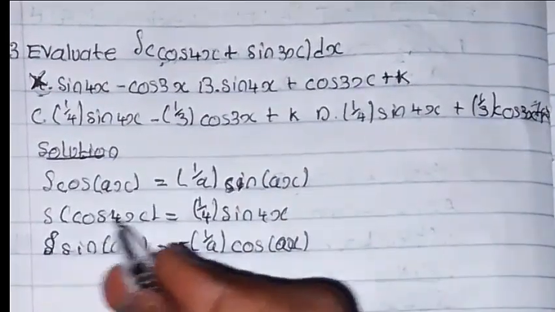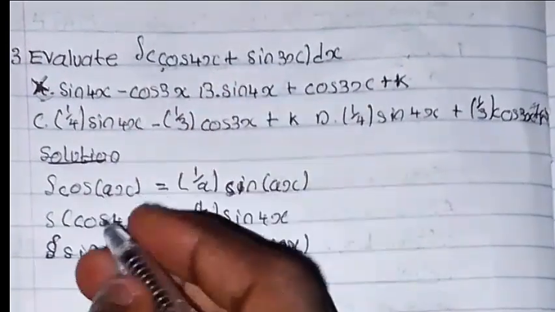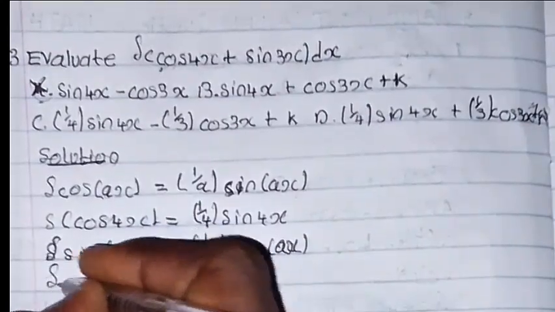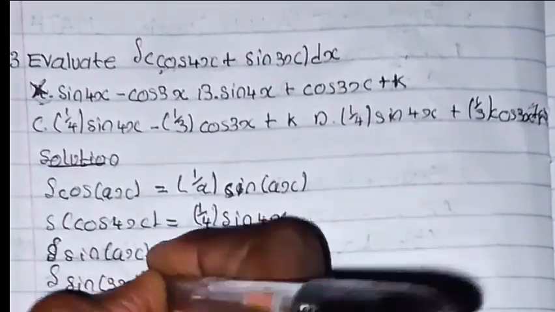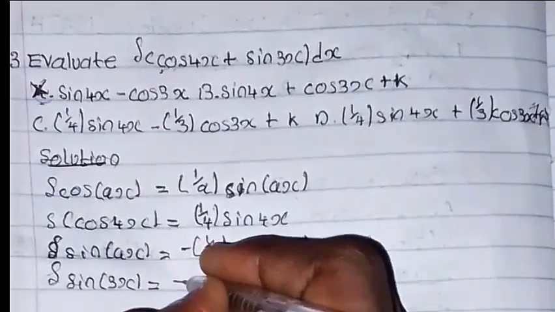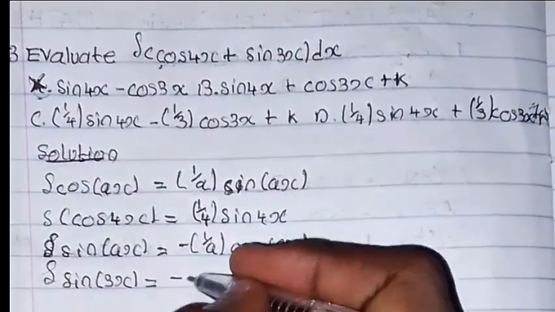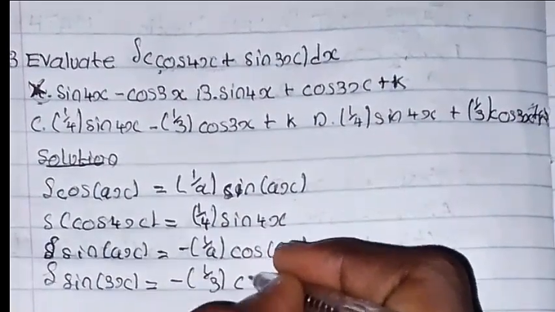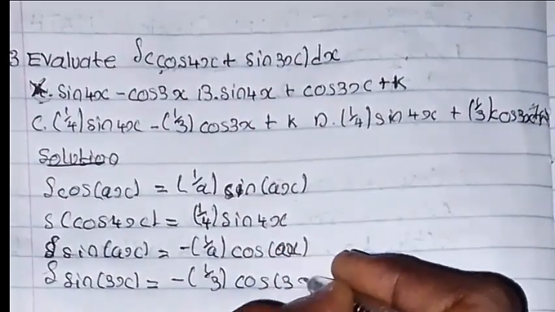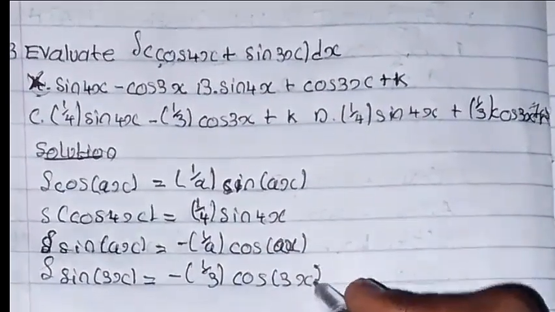So now let's input sine 3x. The antiderivative of sine 3x will be equal to minus, remember a is 3, right? Minus 1 over 3 multiplied by cos 3x. So this is the antiderivative.